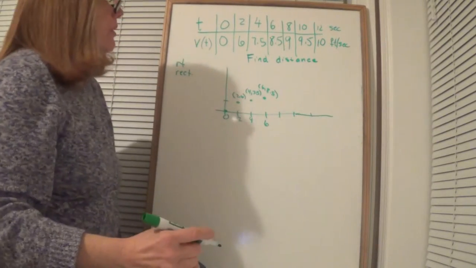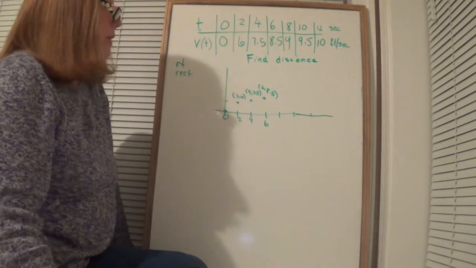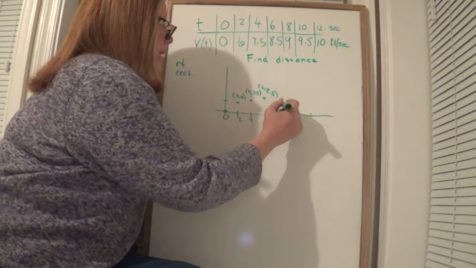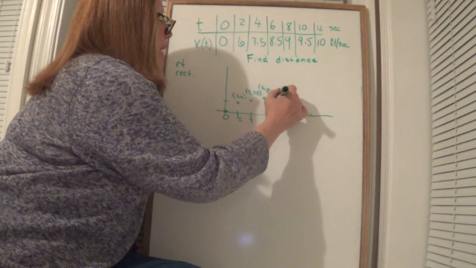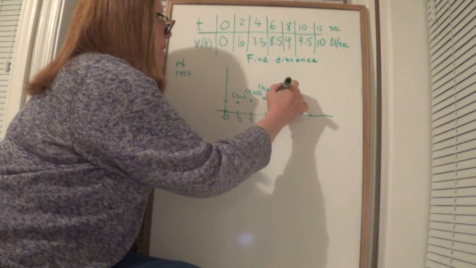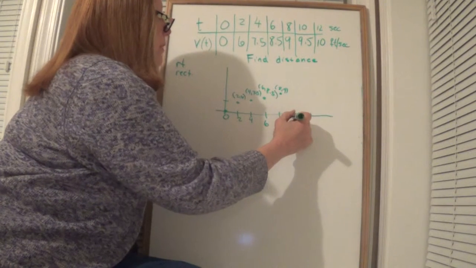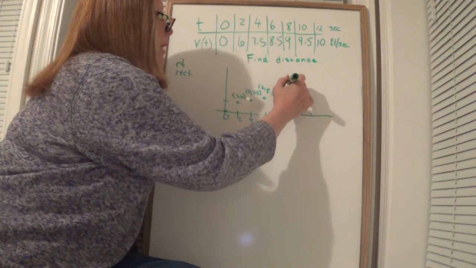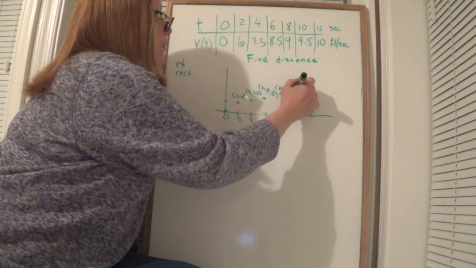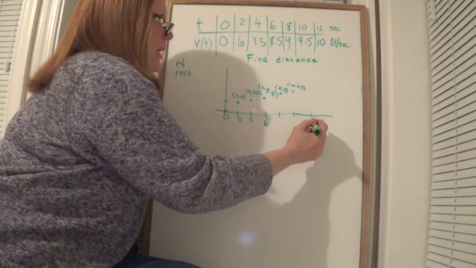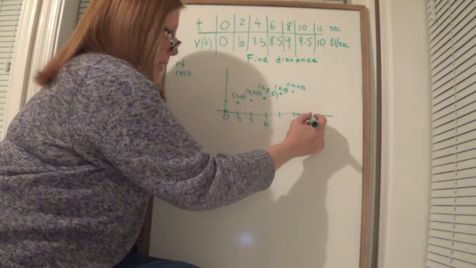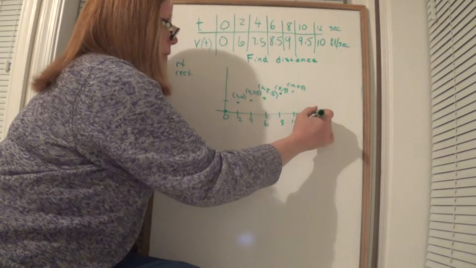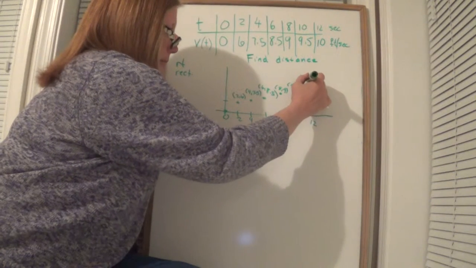These little numbers, I'm not sure will show up in your video, but I'm reading them to you. At 8, he'll travel 9, so the point is 8 over, 9 up on the graph. At 10 seconds, he's at 9.5. And the last one, at 12 seconds, he's at 10.